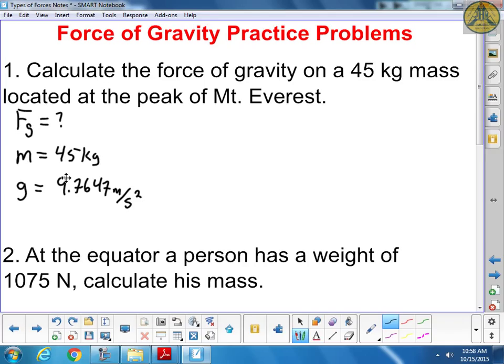And I think when you multiply, you get around 439. And so that's Newtons. Again, it's a relatively new unit for you to think about. That's roughly 90 pounds. So if you have a weight of 90 pounds, in Newtons, it's 439.